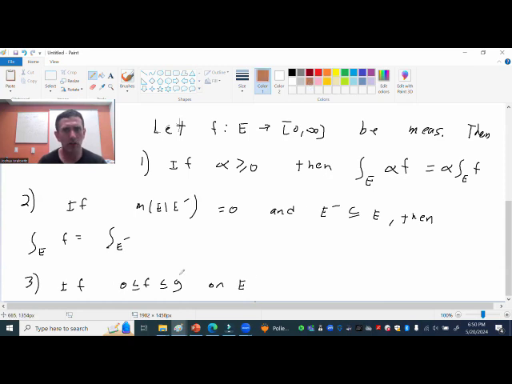So if this is also measurable, you don't need it on E, sorry. You need it almost everywhere on E. So the set where it's false has measure 0. Remember, a.e. means almost everywhere. So that's convenience.